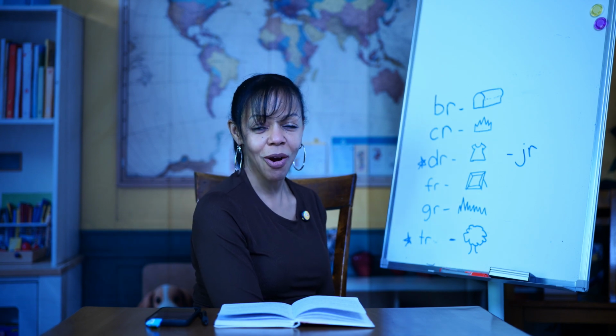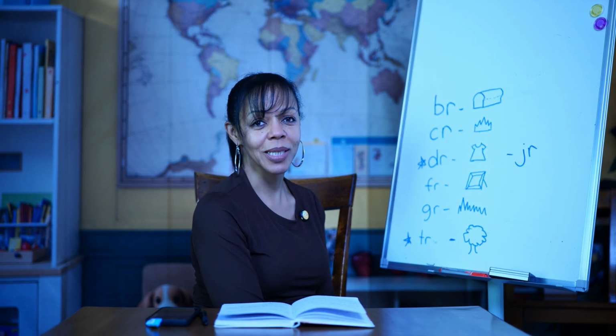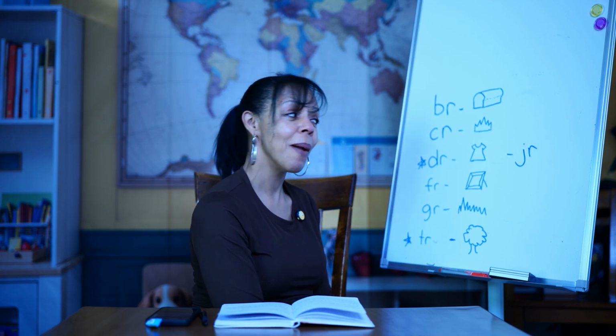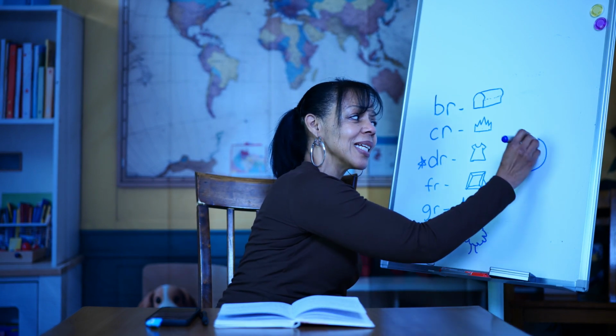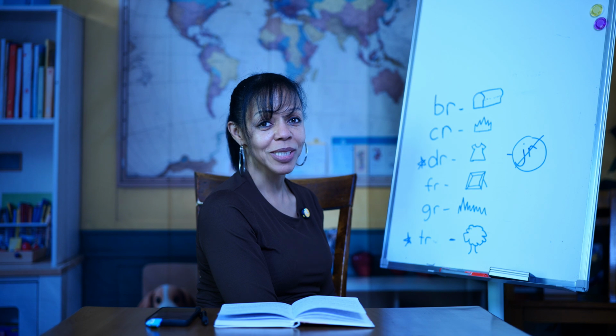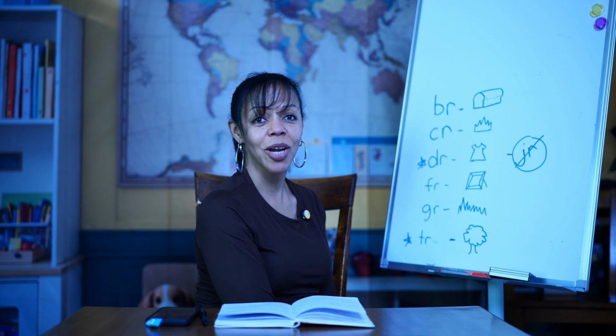So when you're teaching your R blends, explain to the children that DR sounds a little bit like the sounds JR would make, but there's no such thing as a JR blend. So we don't want to see you using JR to start the word if it starts like dress.